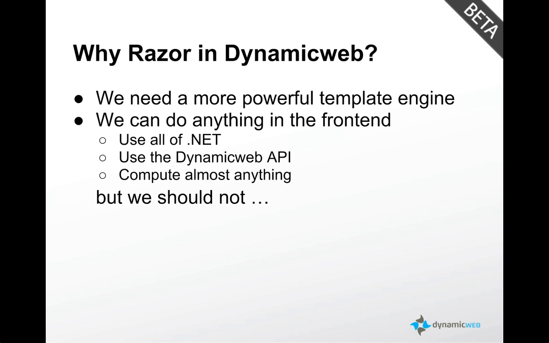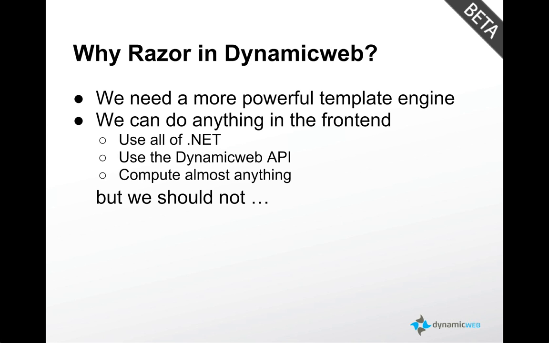And a question that I've heard sometimes is, why do we need Razor in Dynamicweb? Because we have a template engine right now that can use almost basic HTML with our own syntax for having placeholders and using template tags. And we can also use XSLT.